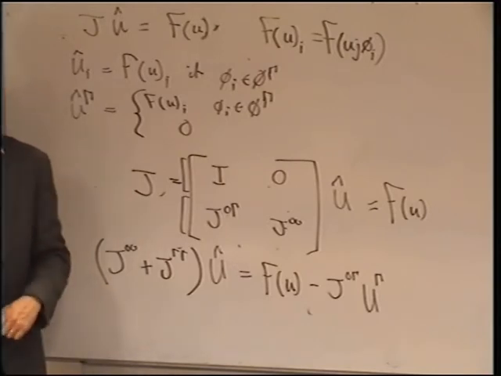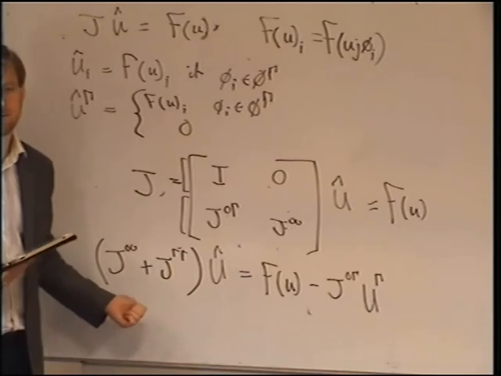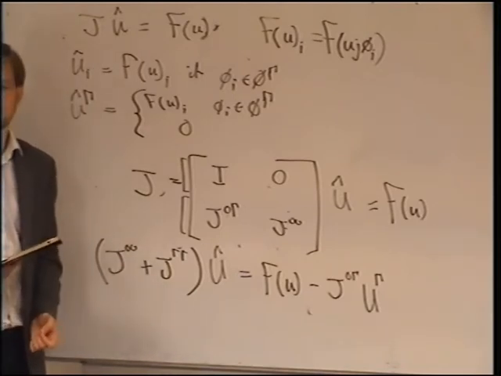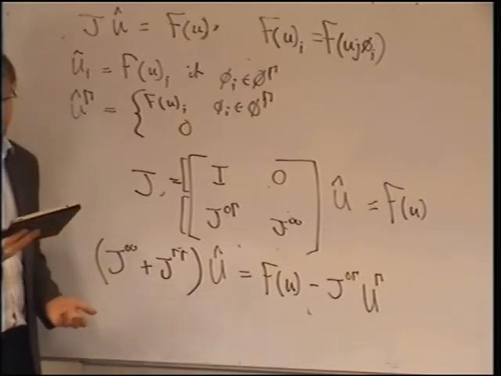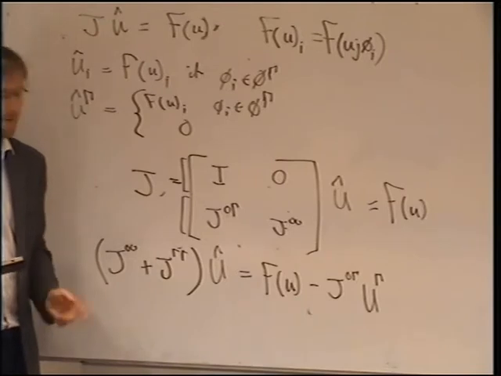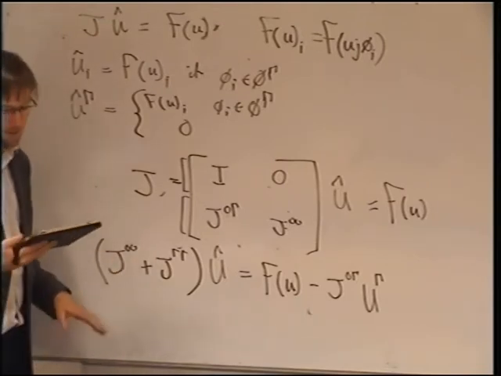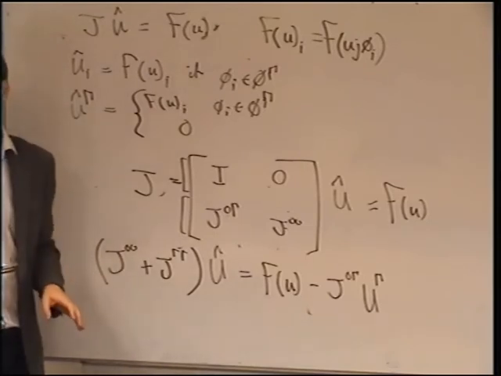If J was originally symmetric, this is symmetric. If J was skew symmetric, this is skew symmetric. If J was positive definite or positive semi-definite, this is too. If J originally was diagonally dominant, this is diagonally dominant.